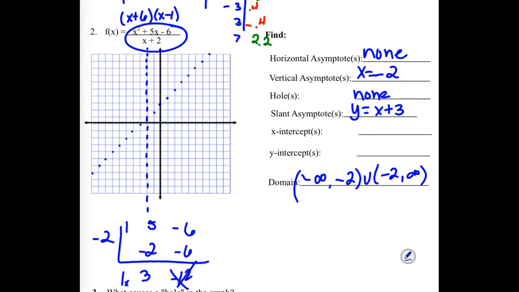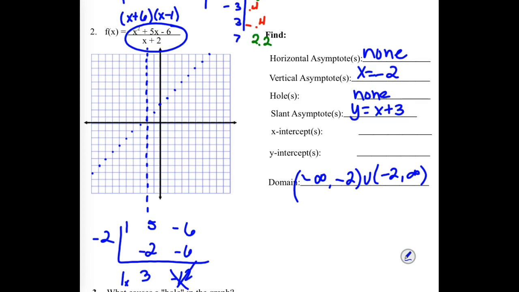All right. Let's look at intercepts. How did we find the X-intercepts? How do we find X-intercepts? Put a 0 in for Y, right?